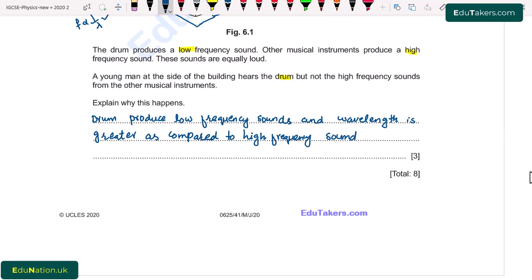It is because f is inversely proportional to wavelength.